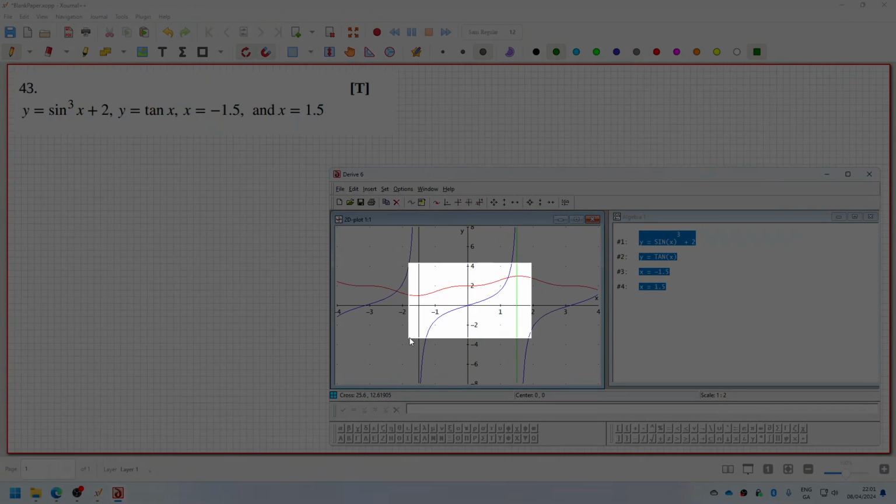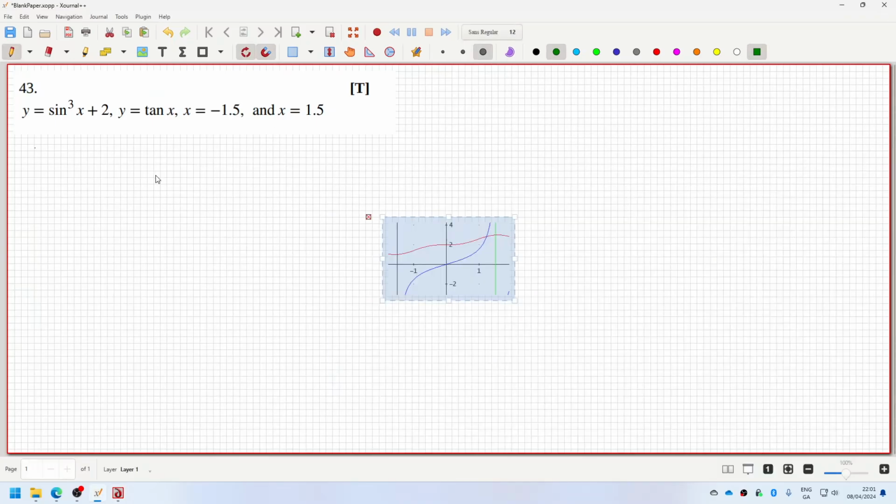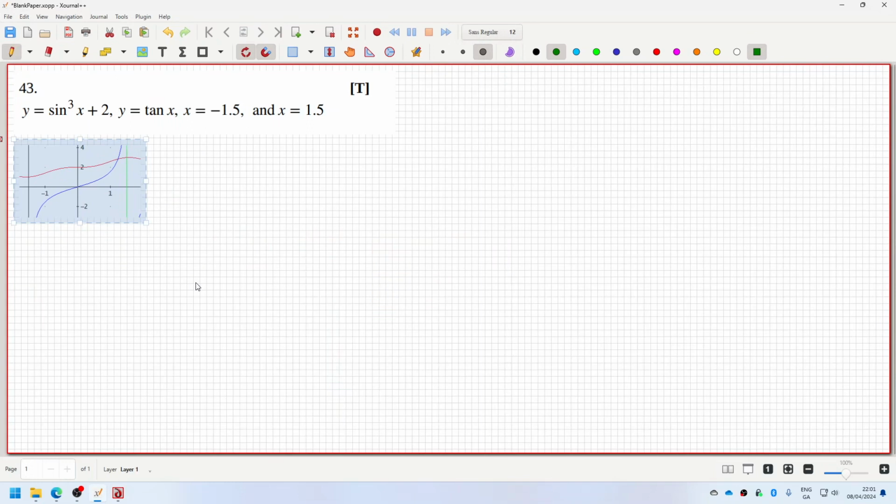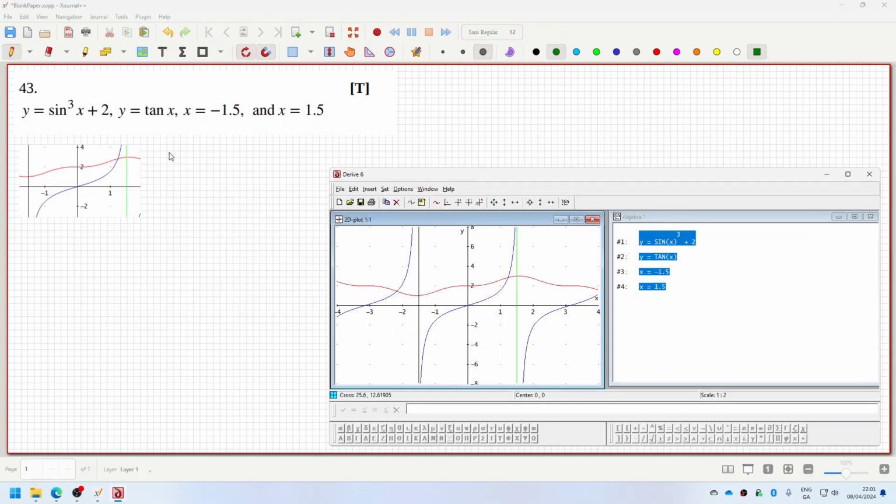Looks like here just, but that's from minus 1.5 to this point here. So, okay. I don't think this is solvable. We'll have to have a graphing calculator solve this equation.